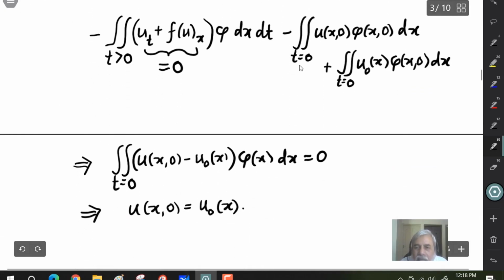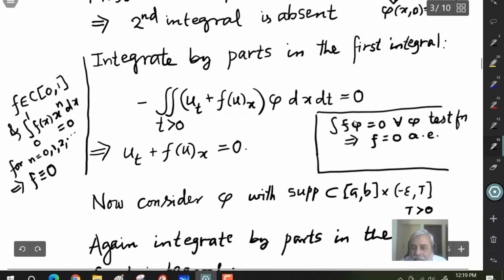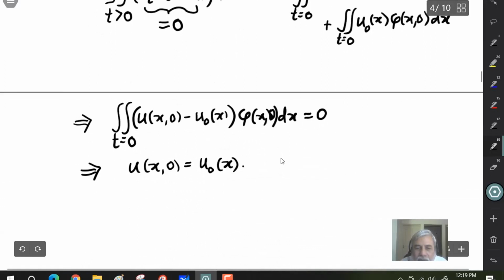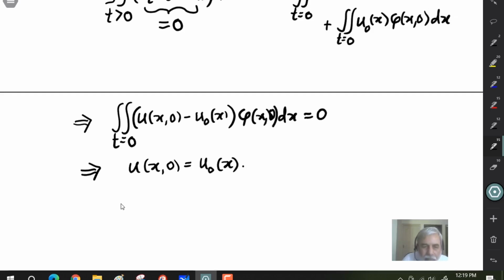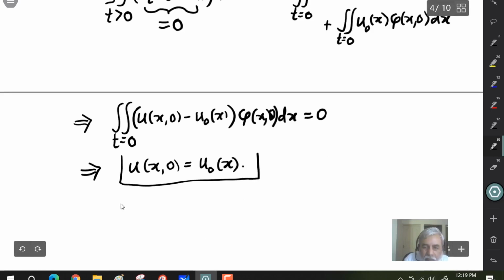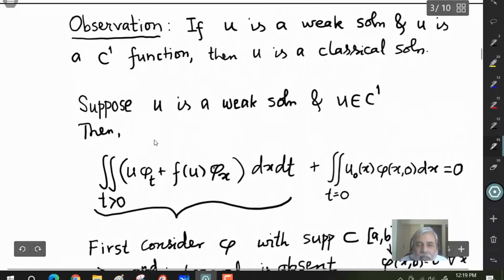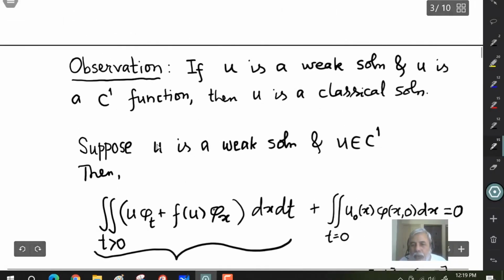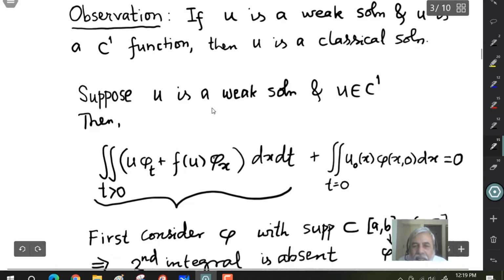So that implies the integral of (u(x,0) minus u0(x)) phi(x,0) dx equals 0. Again the same argument: this is true for all phi, and that implies u(x,0) equals u0(x). So at least we have verified that if u is a weak solution and also a C1 function, then u is a classical solution.